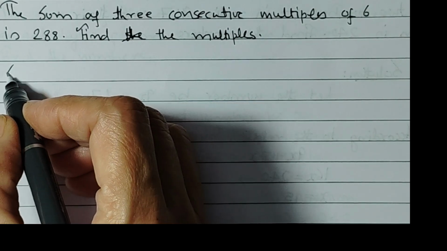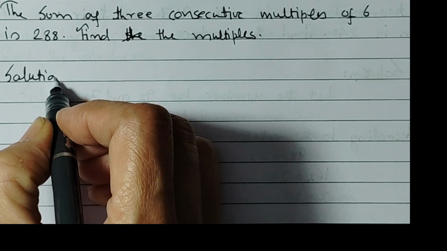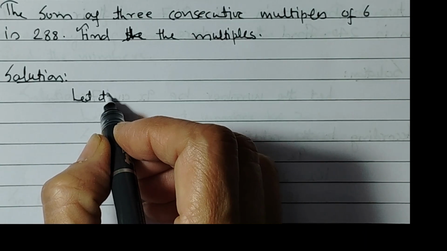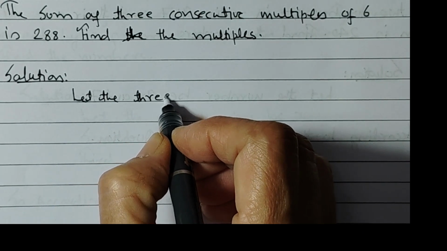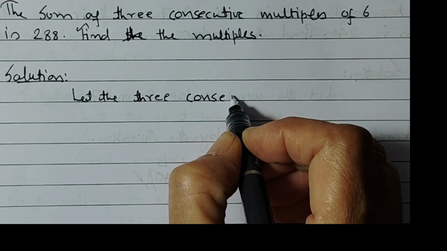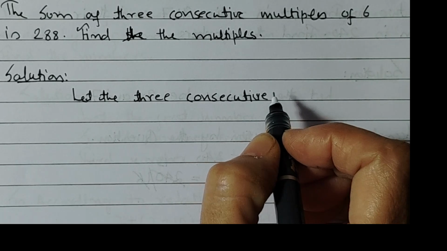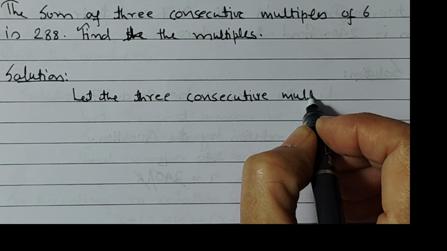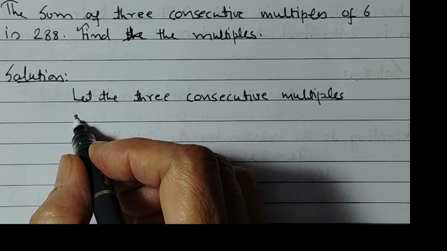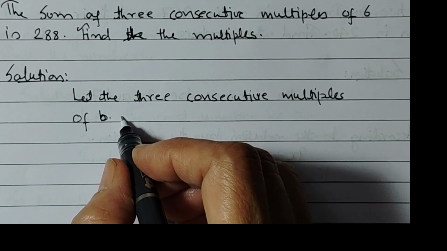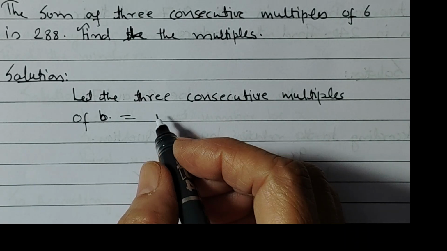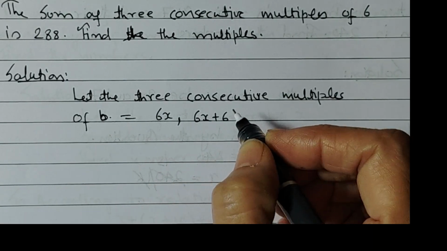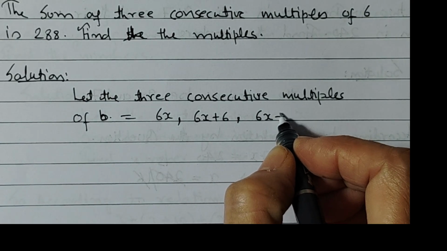So the solution will be: let the three consecutive multiples of 6 be equal to 6x, 6x plus 6, 6x plus 12.